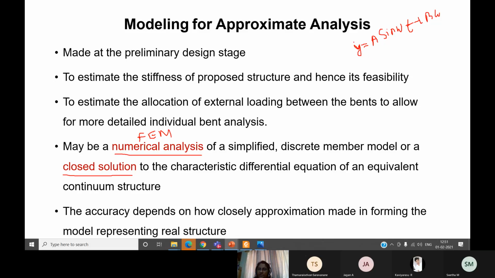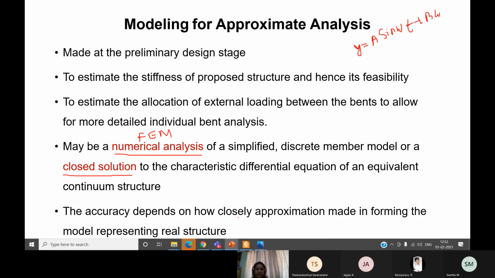You find out all the possible solutions for this particular mathematical equation, and you come out with a solution: what will be the value of omega and what will be the value of y, etc. So such mathematical solutions, either you can go for such solutions to find out the unknown parameters.